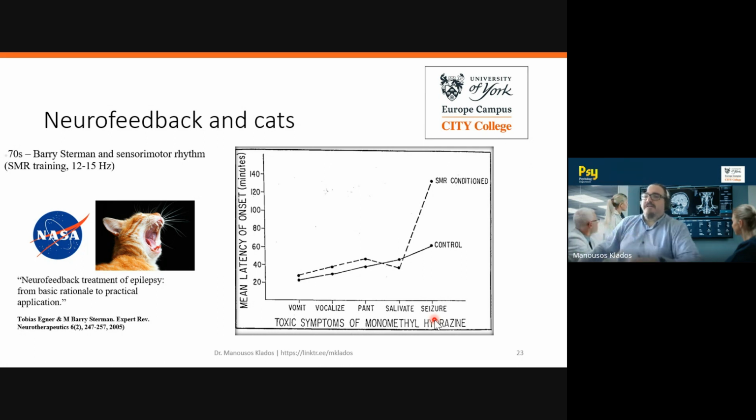This was the first study regarding neurofeedback. Here you can see a figure from back then: both the control and the SMR conditioned animals have similar latency of onset in minutes to vomit, vocalize, pant, salivate, but for seizure, you see that it was very, very delayed in the animals that had SMR conditioning.